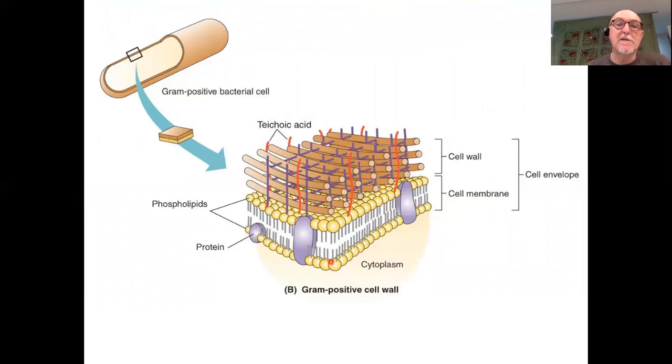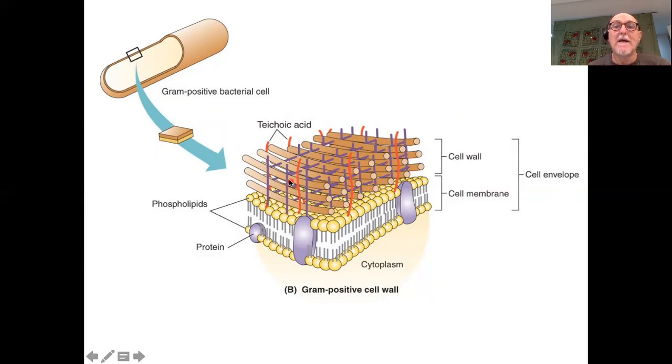Here you can see, first of all, let's orient ourselves. Here's the cell membrane here. Here's the interior of the cell, the cytoplasm. The plasma membrane here. And then on the outside, the cell wall. And gram positive has a thick layer of peptidoglycan. And you can see these several layers of these fibrils.